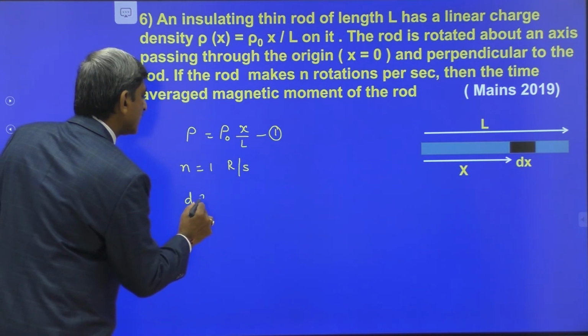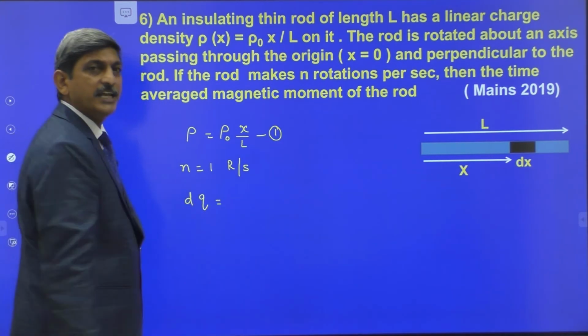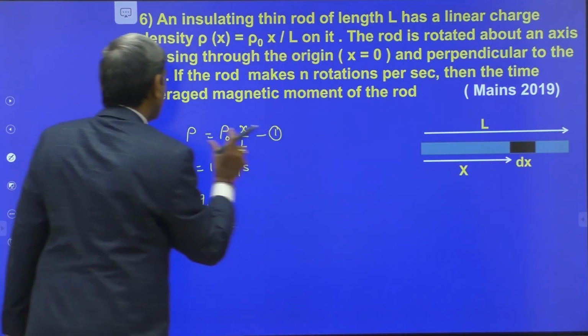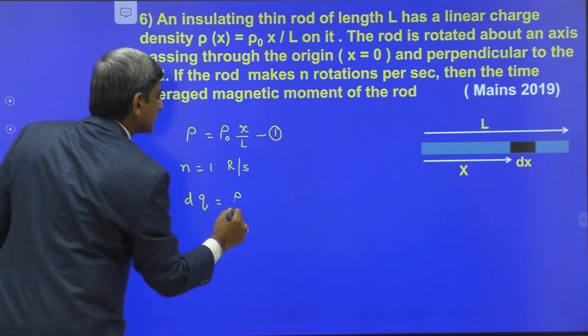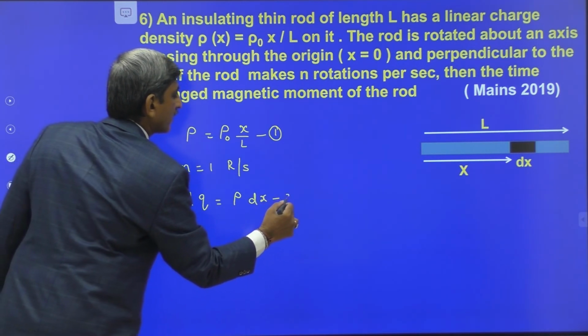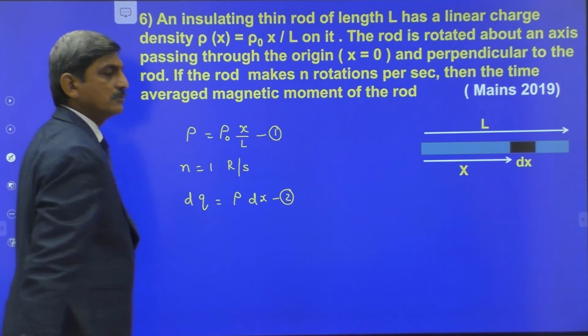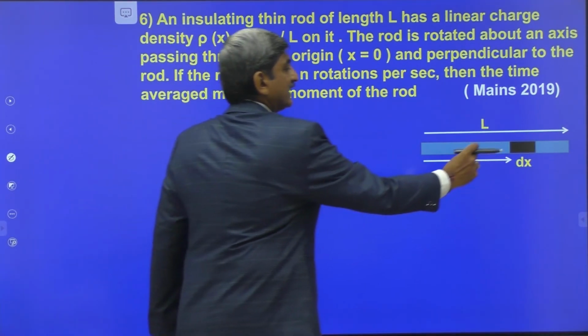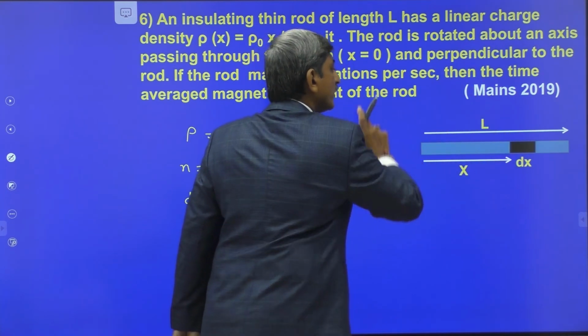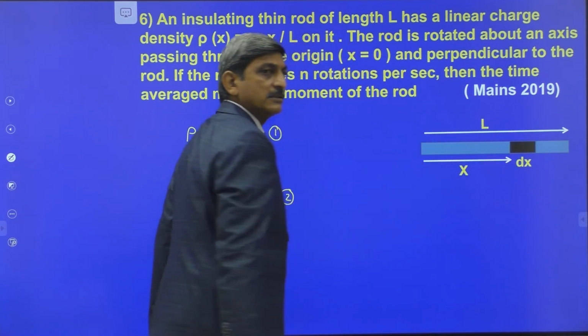Suppose dq is the charge present on the small element. That charge is given by dq = the length of the element times the linear charge density, that is dq = rho dx. Let it be equation number 2. Now, this element is carrying some charge and is rotating in a circular path.